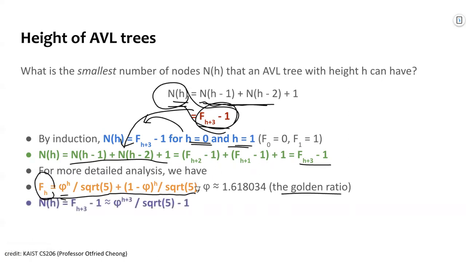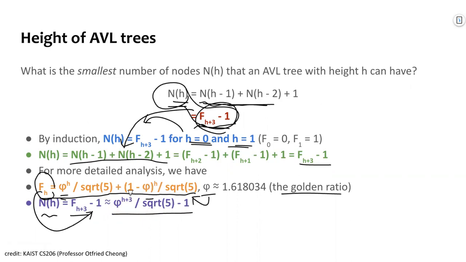And when we put this number into this equation and solving this relation, then finally we could say N_h equals Fibonacci number h plus 3 minus 1. And when we insert this equation to this equation, then this is going to be like this.